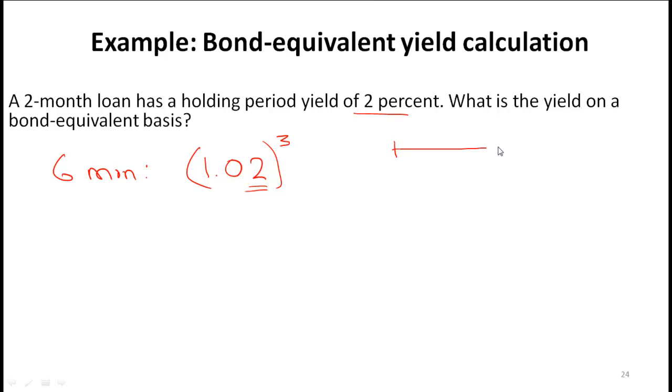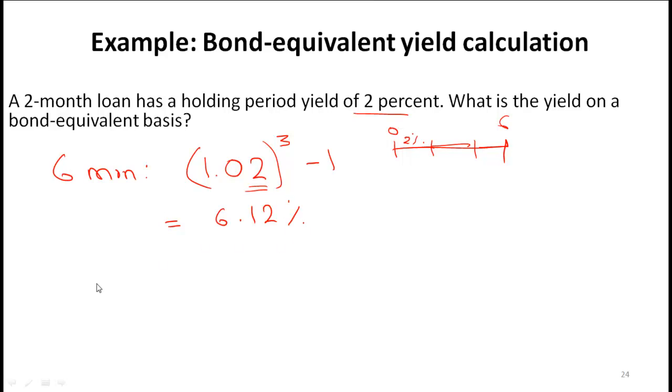Why? Because in a 6-month period you have 3 2-month periods. For each 2-month period you have a return of 2%. So over the 6-month period the effective yield will be 1.02 cubed minus 1, which is equal to 6.12%.